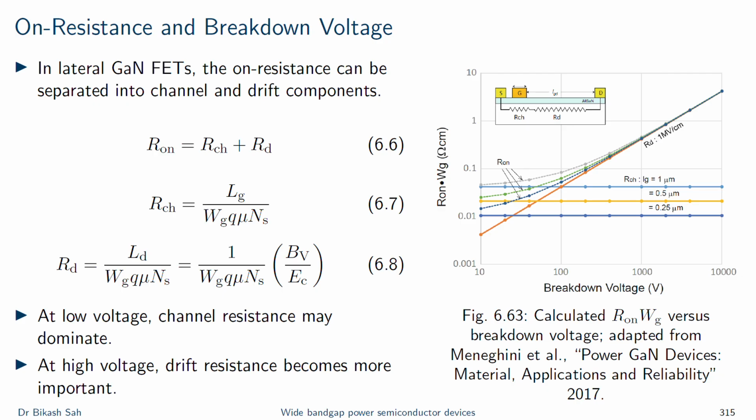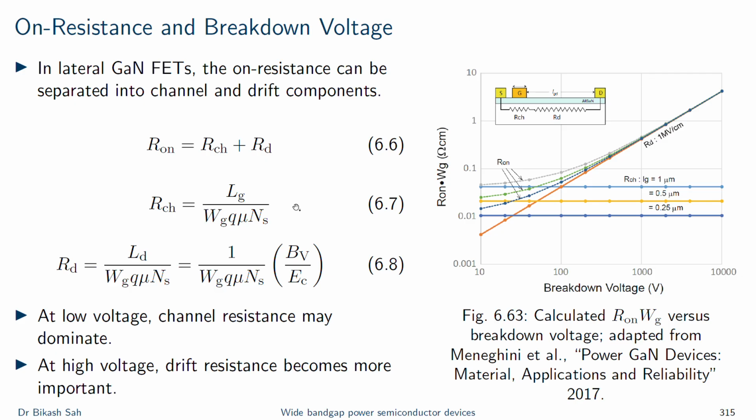In a lateral GaN FET, the total on-resistance can be separated into the channel resistance R_CH and the drift resistance.